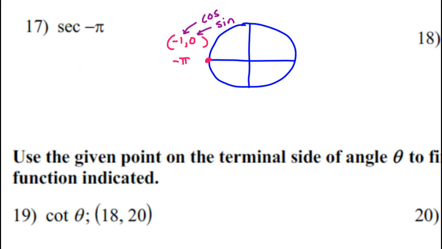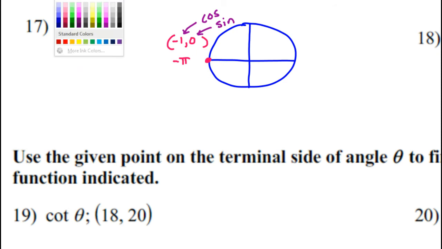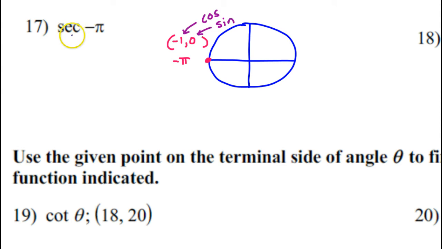Secant is one of those reciprocal trig functions. Secant is the reciprocal of cosine. So let's ask ourselves, what is the cosine of negative pi? And then we can talk about the reciprocal of that. So the cosine of negative pi is -1.